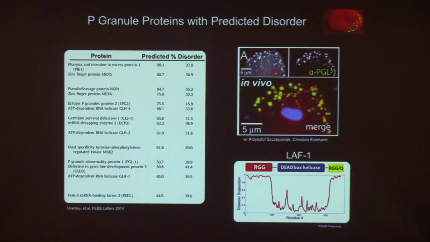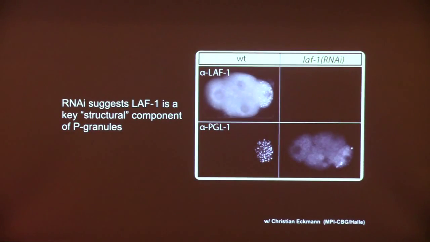We became interested in this protein, and we have some collaborators in Dresden that we've worked with for a while, and we've done some of the experiments ourselves as well. If you do RNA interference on this protein LAF1 to remove it, these P granules are completely or very strongly disrupted.